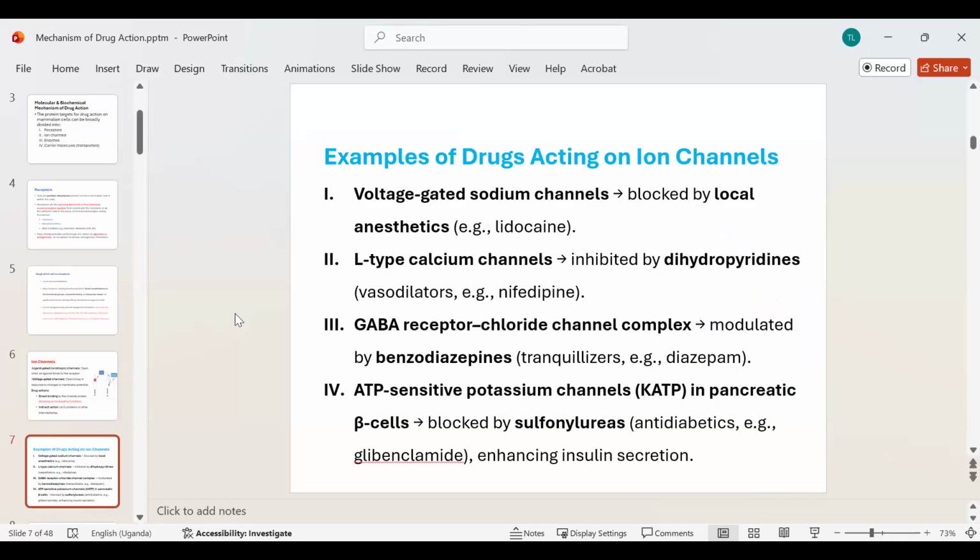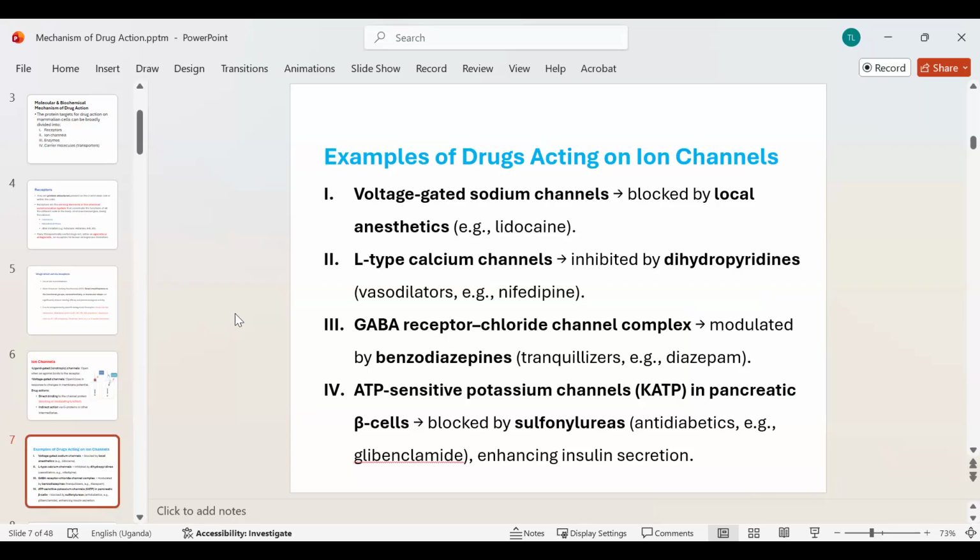There are examples of drugs acting on these ion channels. So there are several examples of drugs that will act on these ion channels. Drugs like lidocaine and quite a number of local anesthetic agents tend to block voltage-gated sodium channels.